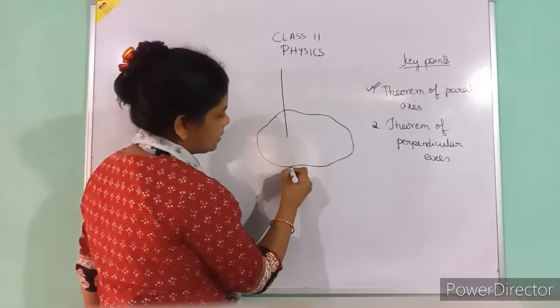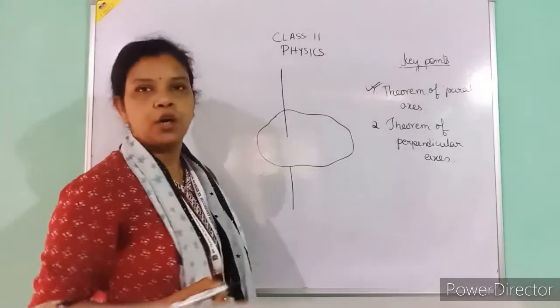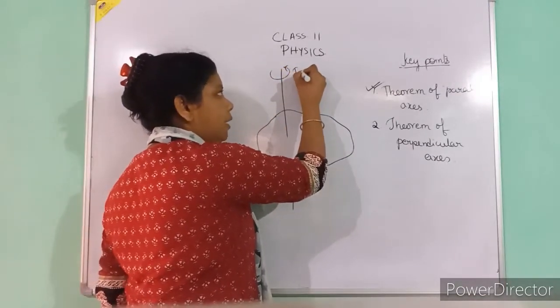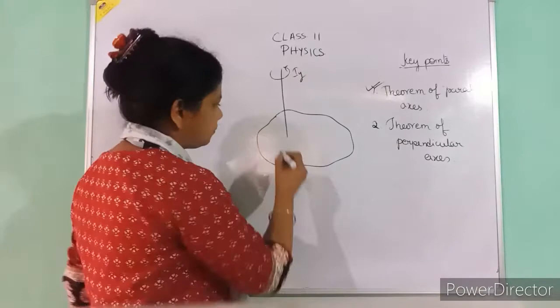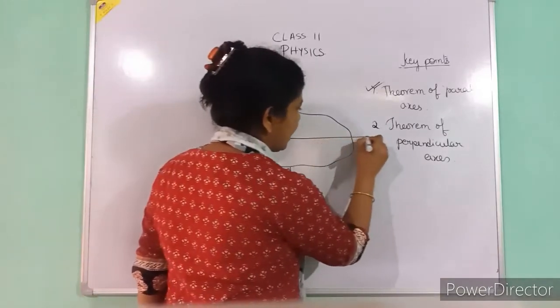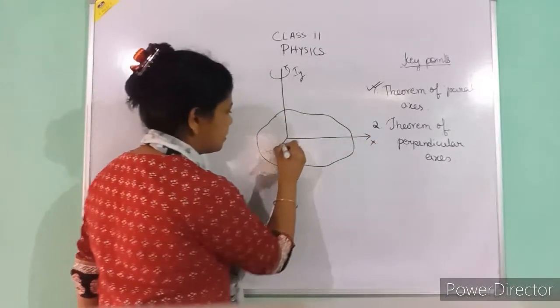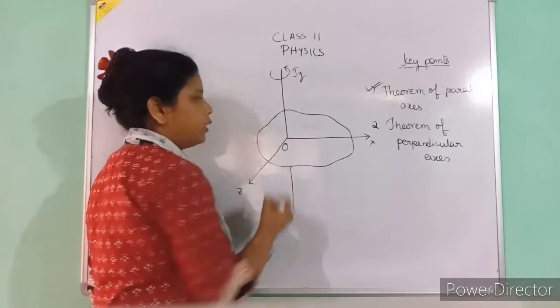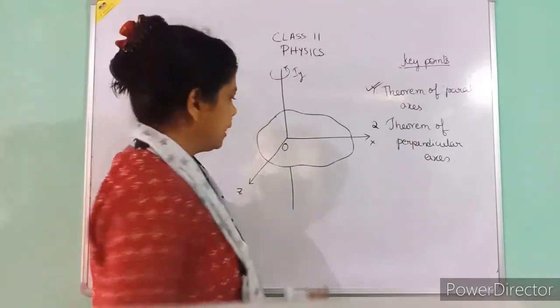So this is the axis of rotation. Let us assume this axis to be Iy. And this is my X and this is my Z. O is the origin of the coordinate system.